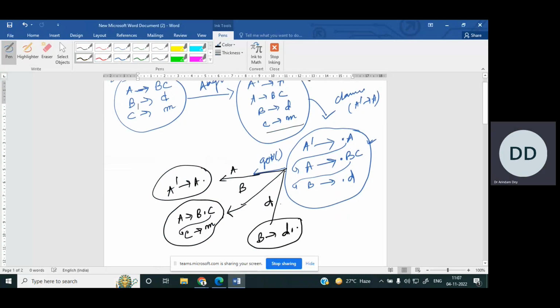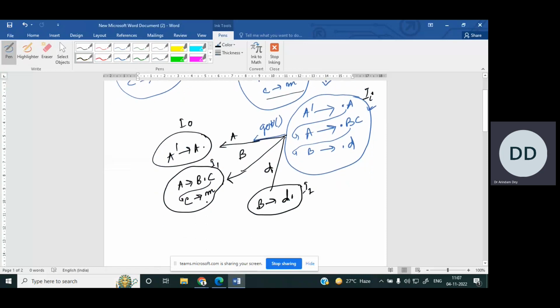Now no further movement, so I am marking this as the I0 state, this is the I1 state and I2 state, and let me mark the initial state as I. Now from I0 and I1, I cannot move further from these two states, correct? Only I can move from the state I1.